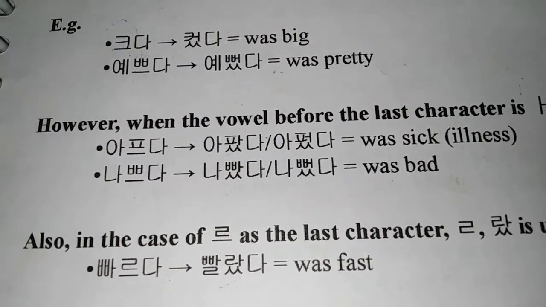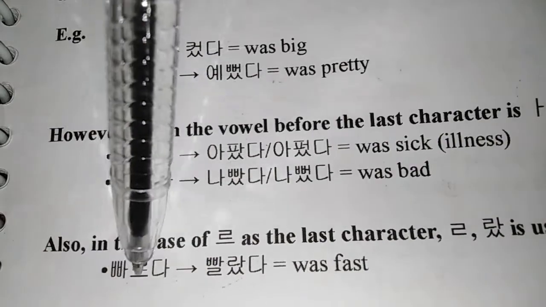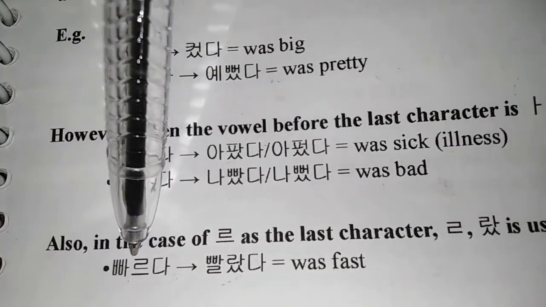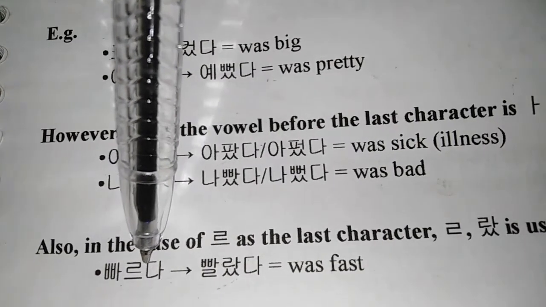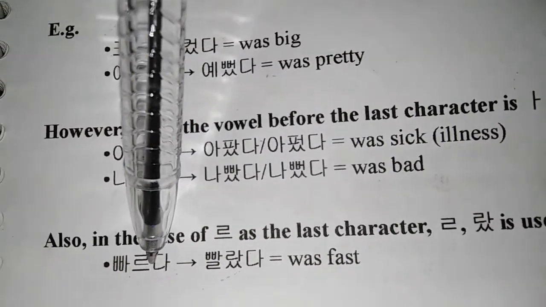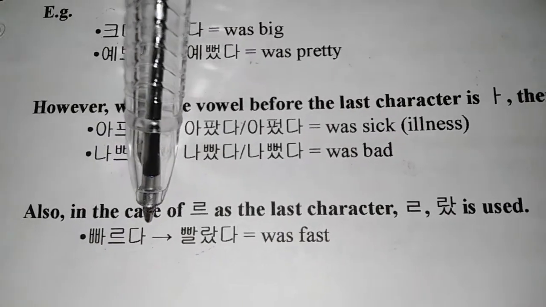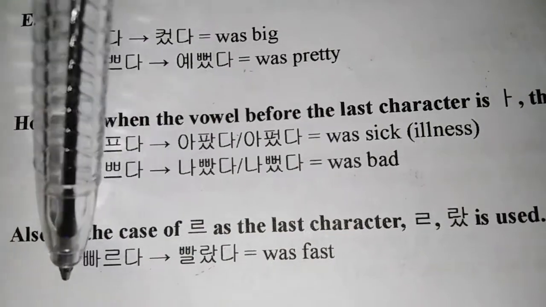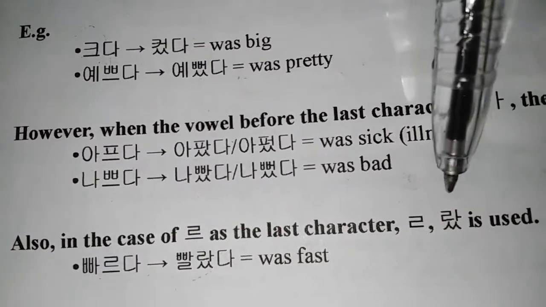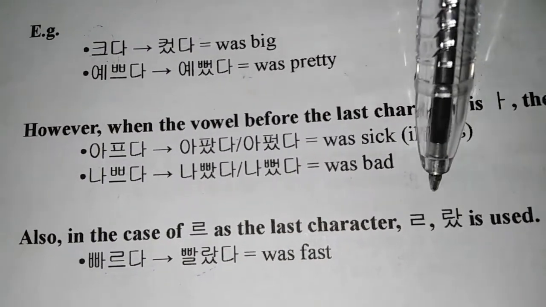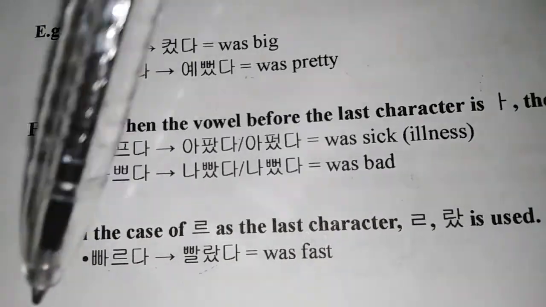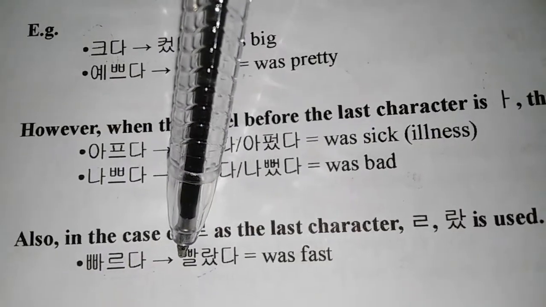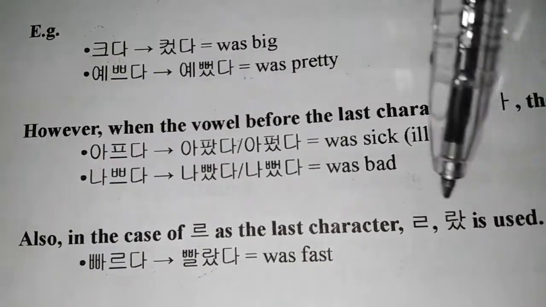빠르다 means fast. You have ㅡ before the 다, but because the last syllable is 르, you would add ㄹ to the syllable before that as the batchim, and as the last syllable you would use 랐다. So for 빠르다, to 빠 you would add ㄹ as batchim, and this 르 would become 랐다.